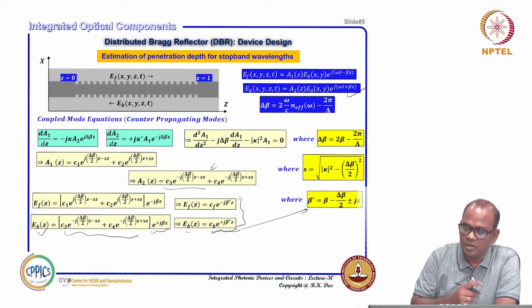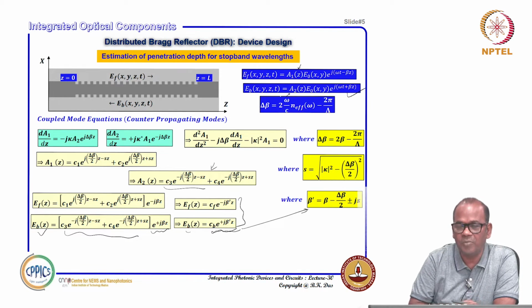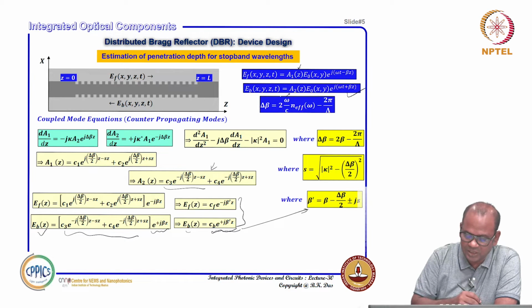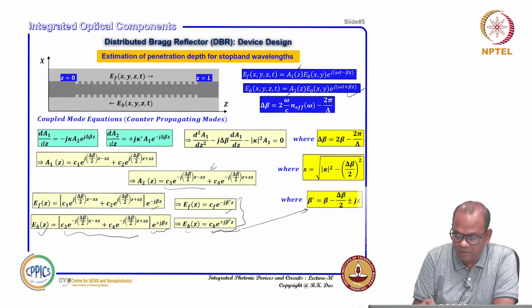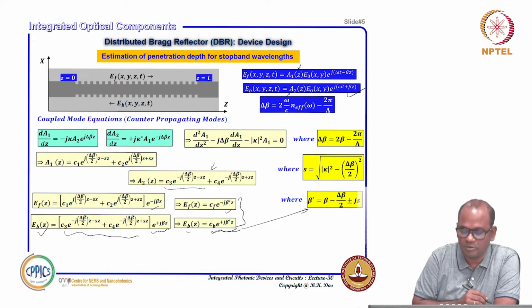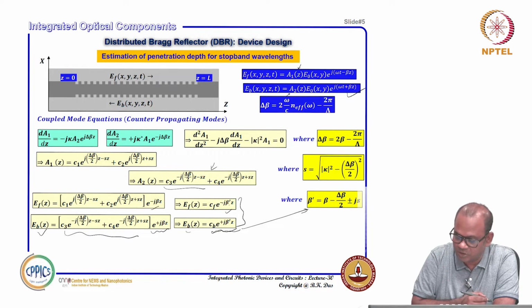But we have the values of A1(z) and A2(z) coming as complex, z dependent, and if you include that z dependent part in the exponential term here, then it looks as if it is a wave which is propagating with a modified propagation constant beta prime. Through our mathematical analysis, we can say that a certain value of beta prime is coming. It is a modified propagation constant because of the perturbation.